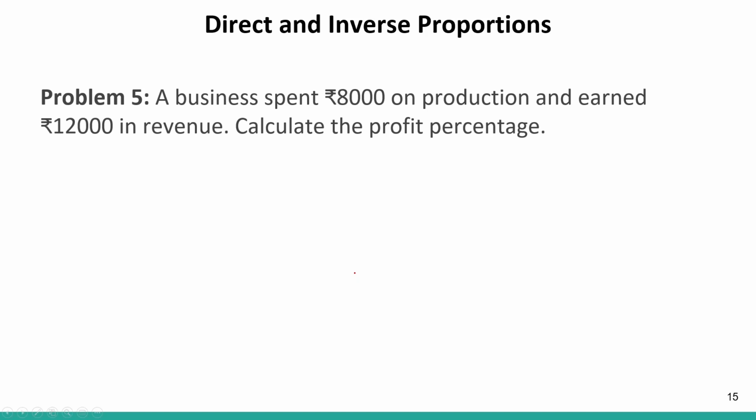Now let's see problem number 5. A business spent 8,000 on production and earned 12,000 in revenue. Calculate the profit percentage. So what did he do? He spent 8,000 on production and earned 12,000 in revenue. Profit percentage is equal to total profit by initial investment into 100.